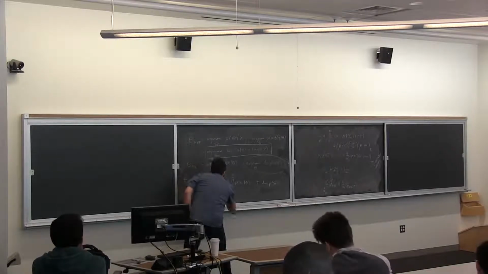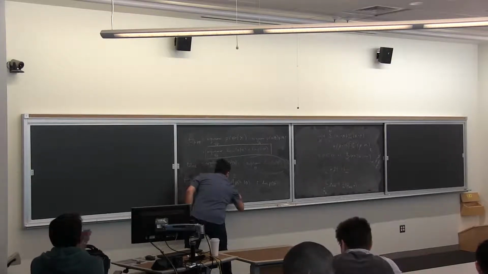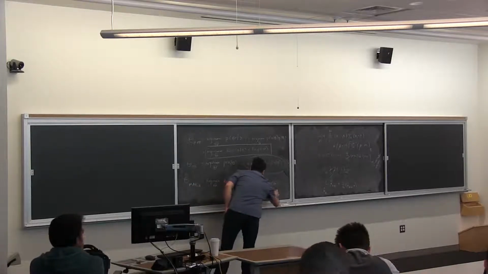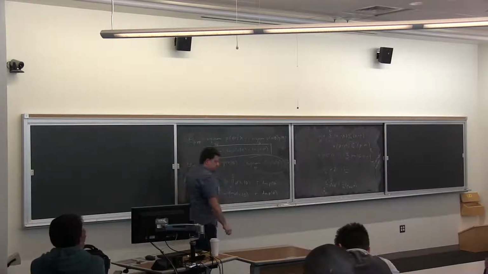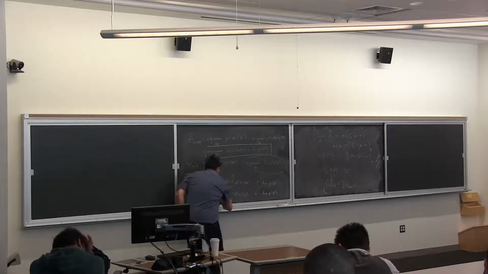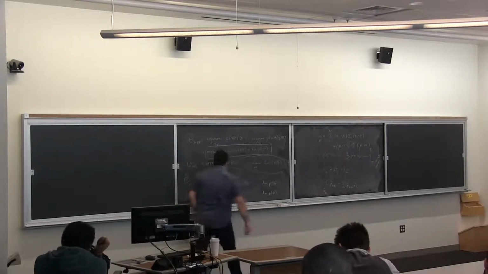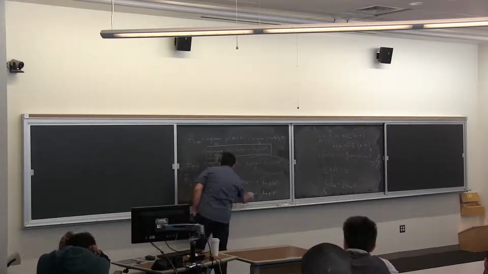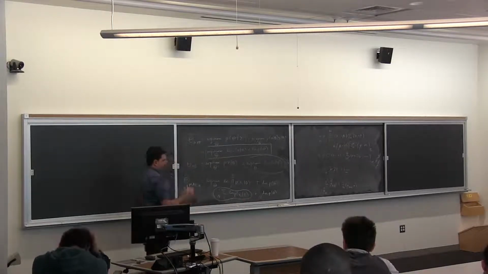So this will be a summation. If I divide this by n, what I have here is a sample average of log likelihood.